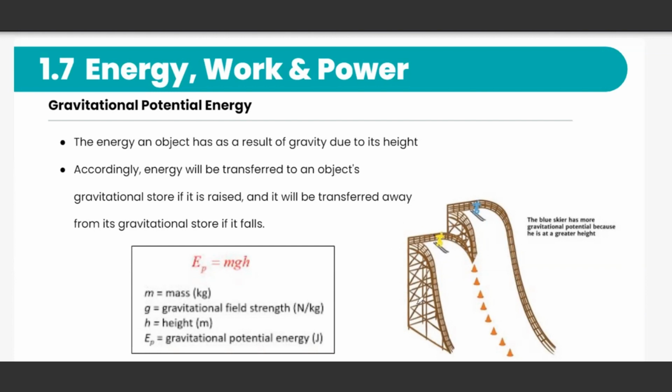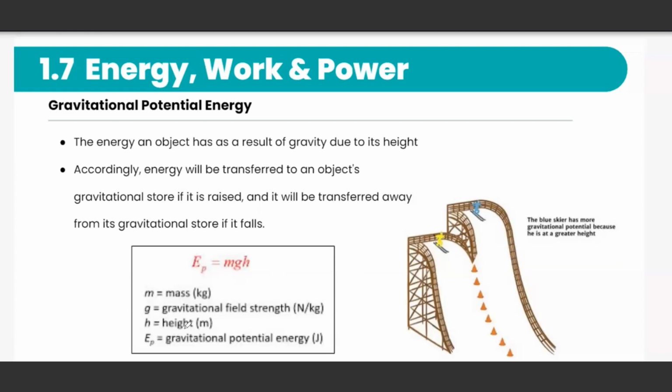Gravitational potential energy is given by the equation mgh, where m is the mass of the object in kilograms, g is the gravitational field strength. In the IGCSE context, the gravitational field strength will always be 10 newtons per kilogram.